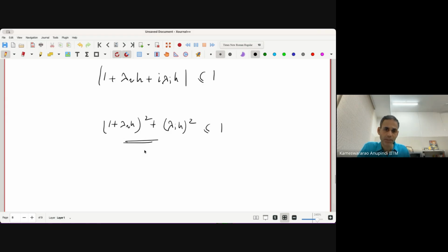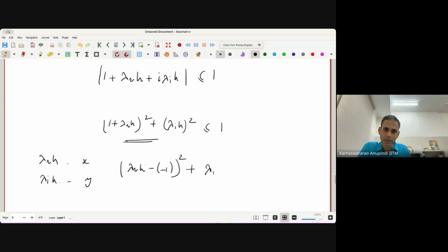If I treat lambda r h as some x and lambda I h as some y coordinate, this is (lambda r h minus (-1)) square plus (lambda I h minus 0) whole square less than or equal to 1 square.